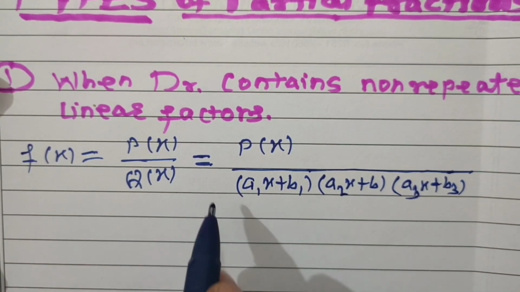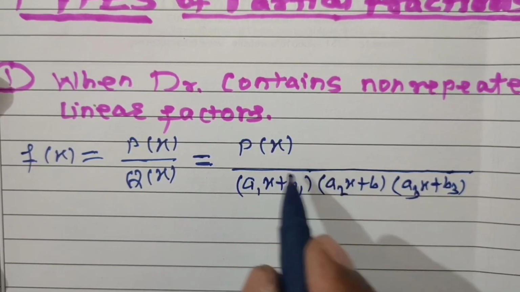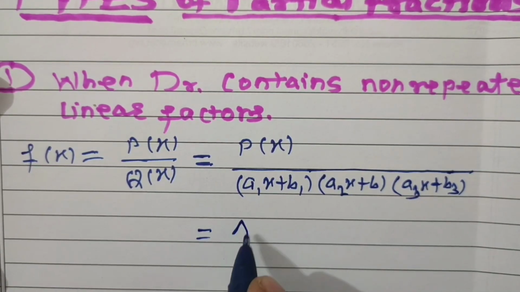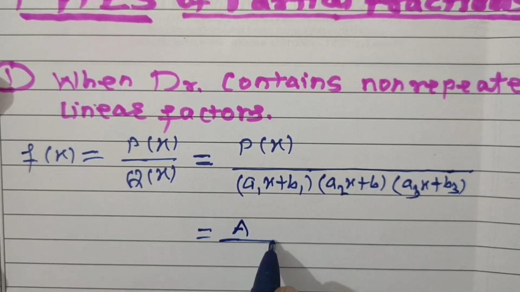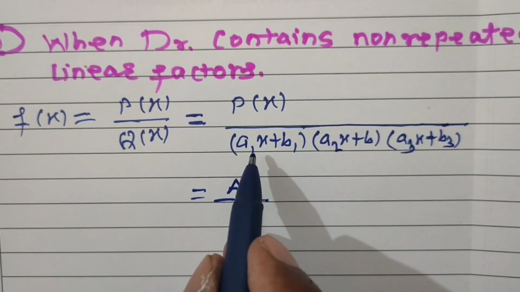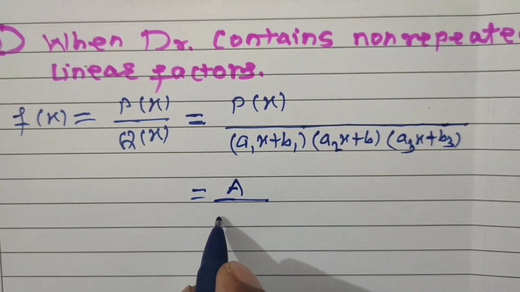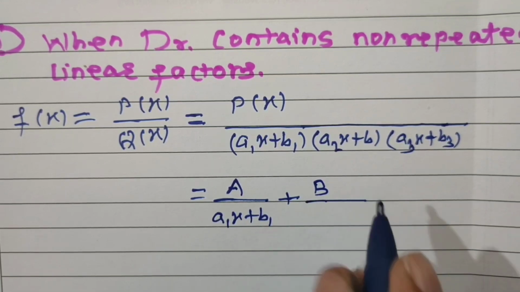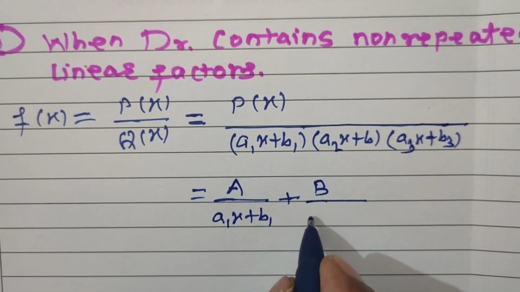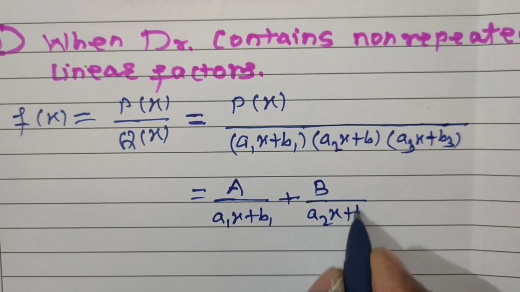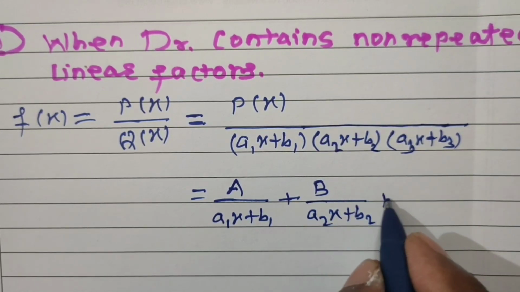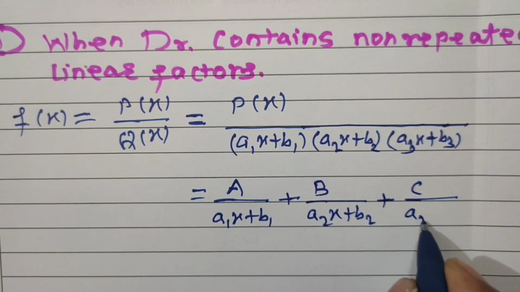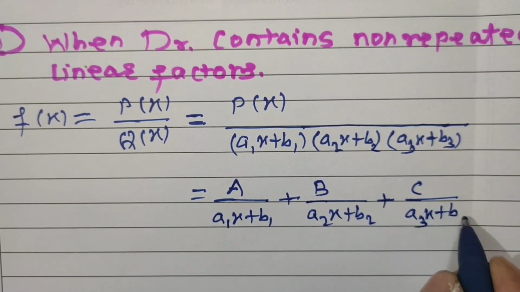Then first of all you have to express the right hand side in this form. This is equal to arbitrary constant A divided by first linear factor, that is a1x plus b1, plus arbitrary constant B divided by second linear factor, that is a2x plus b2, plus arbitrary constant C divided by third linear factor a3x plus b3.